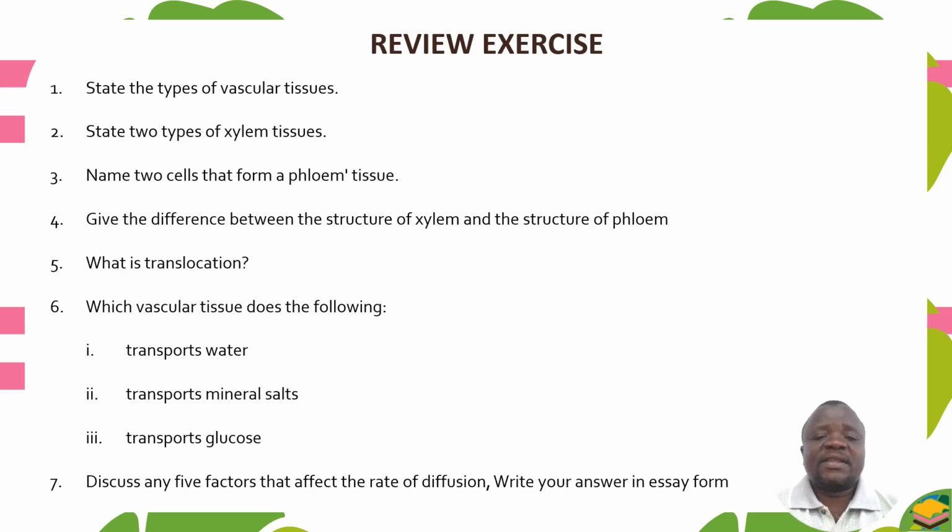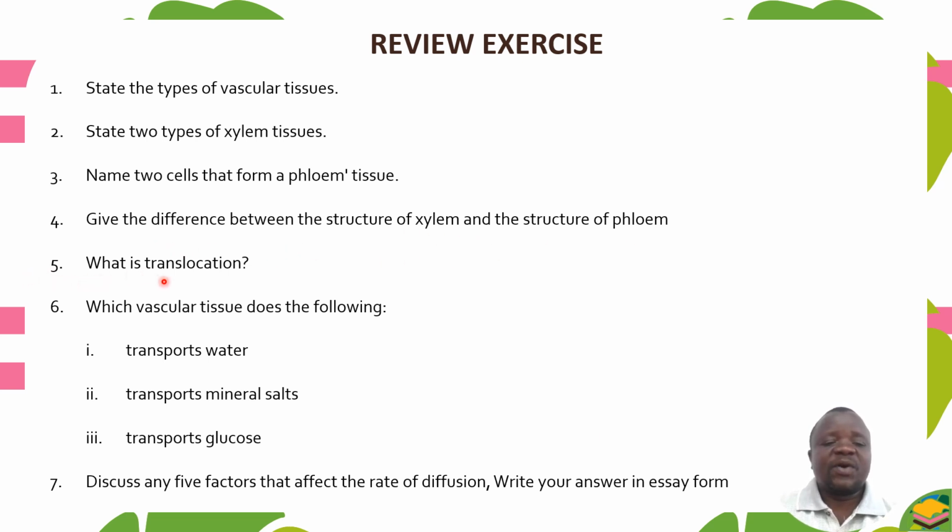That marks the end of the lesson, and here with me I have the review exercise to actually cement your understanding. Number 1, you have to state the types of vascular tissues. Number 2, you have to state the types of xylem tissues. Number 3, you have to name 2 cells that form the phloem tissue. Number 4, give the difference between the structure of the xylem and the structure of the phloem.